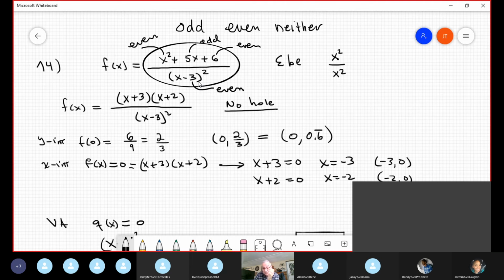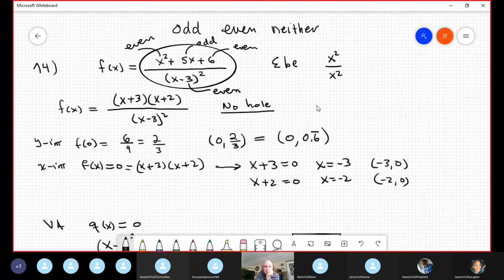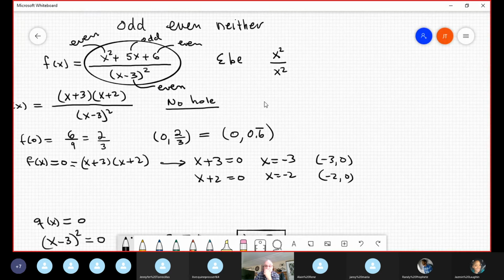The strict way to prove that is to replace x with negative x. Let's do it. This stays the same. This doesn't. This stays the same. Only one guy can fail, so it's not possible to be even. And this is minus x minus 3.